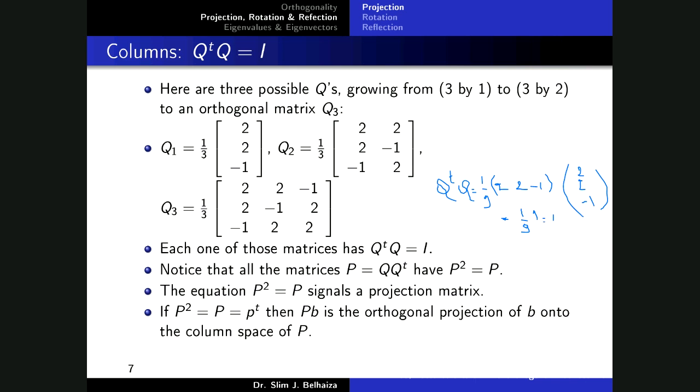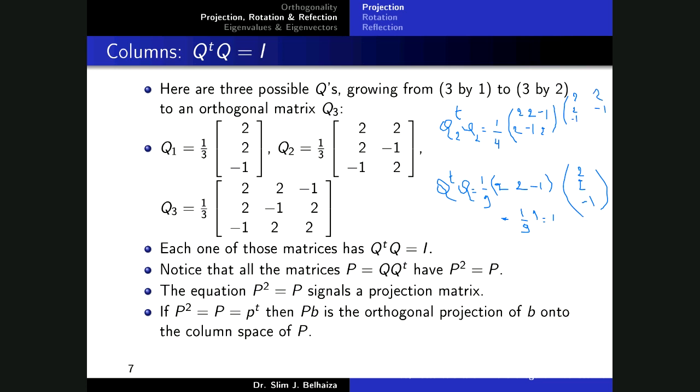Now, if I take Q2 transpose times Q2, I can leave the 1/2 times 1/2 outside, so basically I'm going to have 1/4. I place the transpose matrix, and I multiply by my matrix Q2.